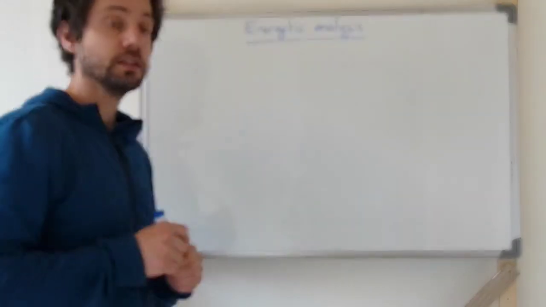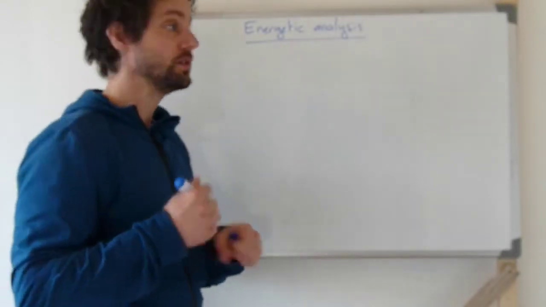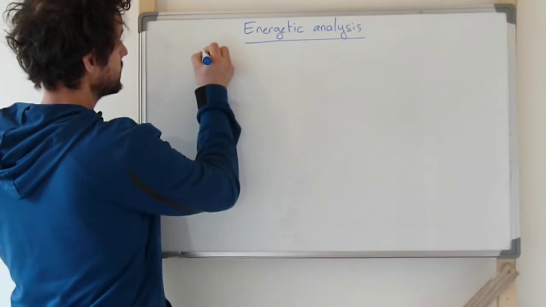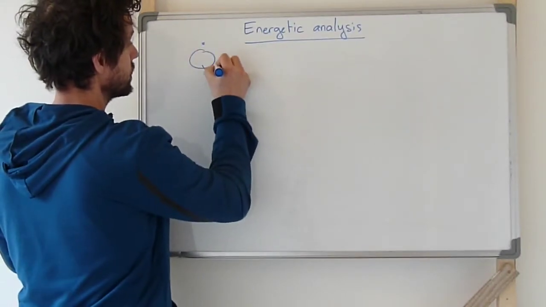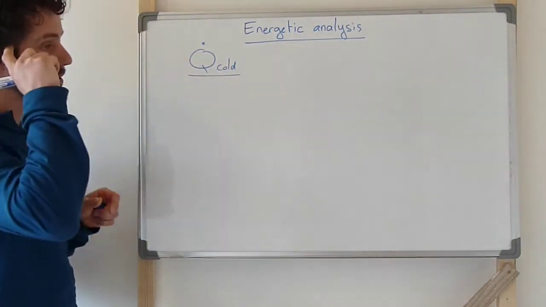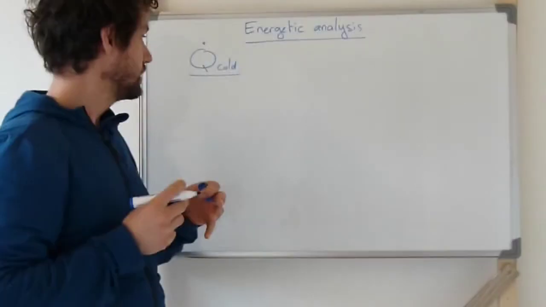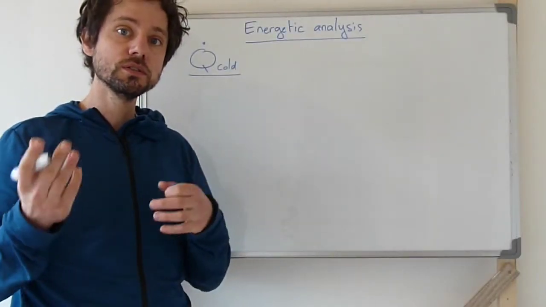So let's start with the heat transfer we have in the heat exchangers. If we start with the Q cold, so the heat transfer we have in the evaporator, so with the cold source.